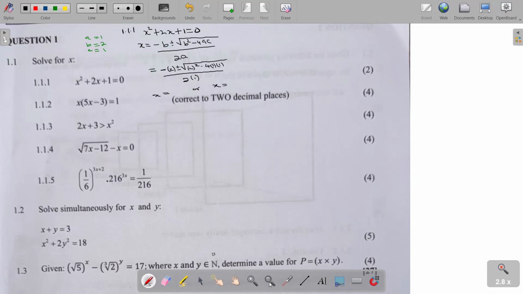Conclusively, we are now going to punch from our calculator. Trust your calculator.